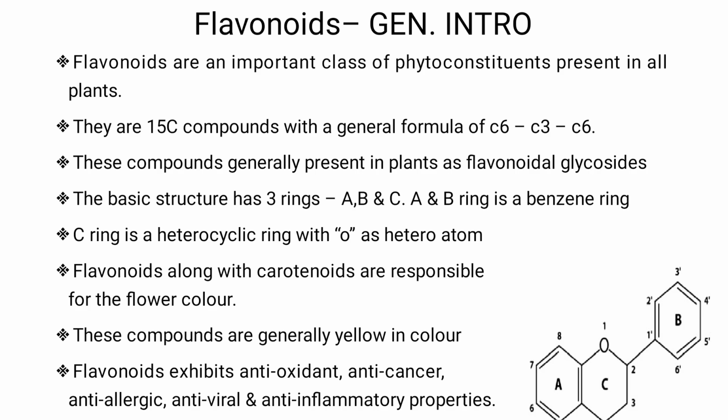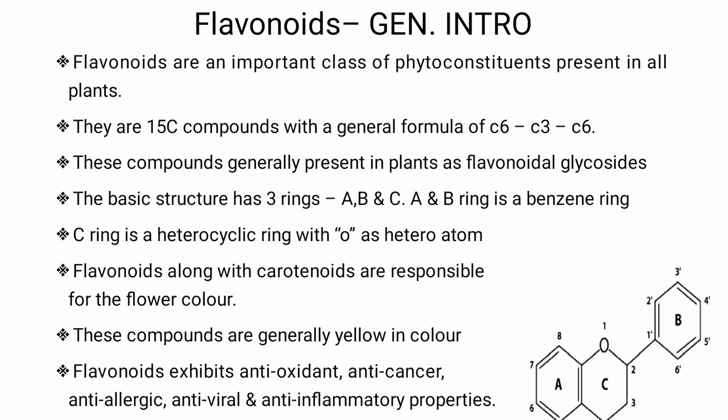These flavonoids exhibit various properties such as antioxidant, anti-cancer, anti-allergic, antiviral and anti-inflammatory properties. The main pharmacological effect of these flavonoids is that it is a potent antioxidant. So it has the capacity of neutralizing the free radicals present in our body.